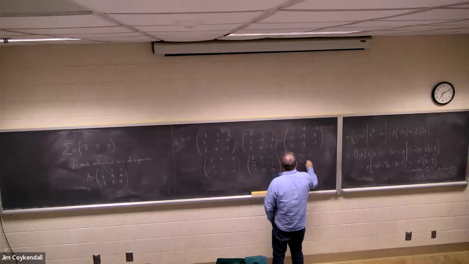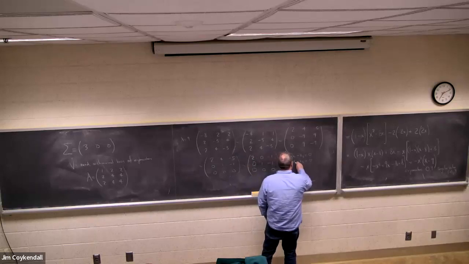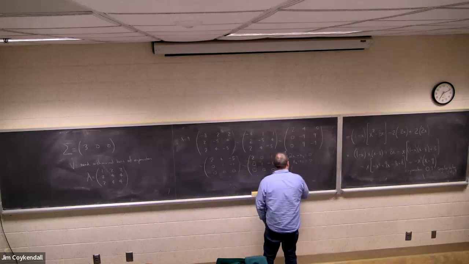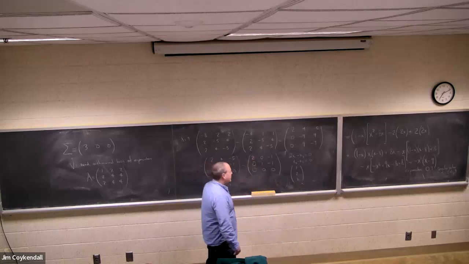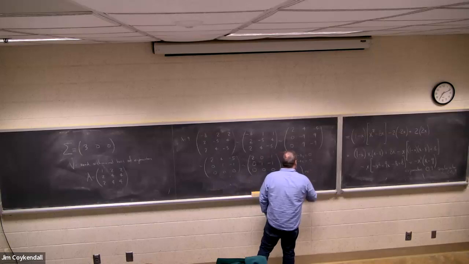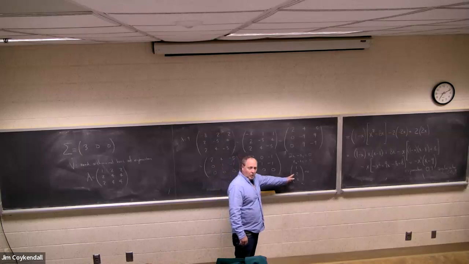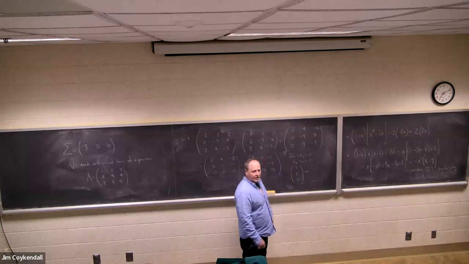X2 minus x3 equals 0. So X2 and X3 are the same thing, and they're half of what X1 is. And I'm going to have to scale it. And by the way, you can tell this works if it is in the null space. This row times this column gets 0. This row times this column gets 0. So I'm good.